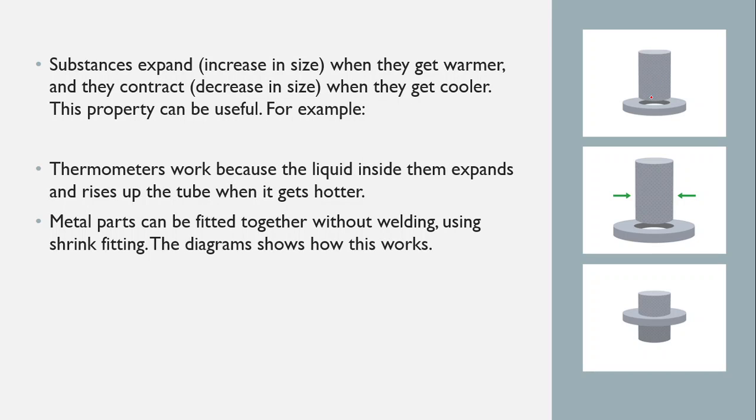That's because the allowance between the diameter of this rod and the diameter of this inner hole is not a lot, and probably the diameter of the washer's hole is smaller than that of the rod.